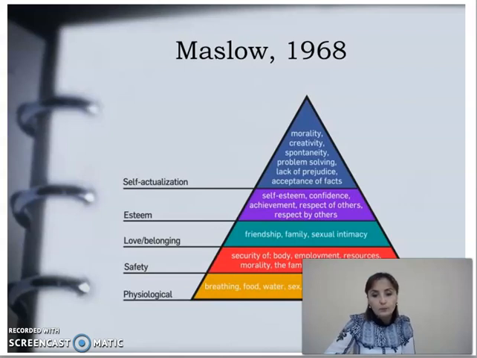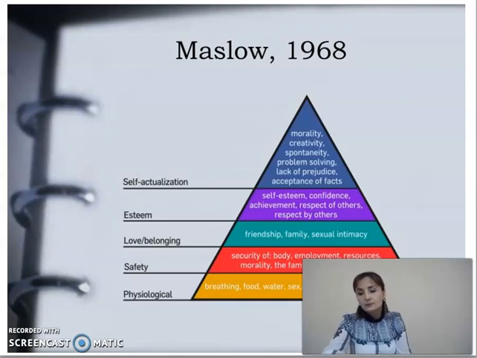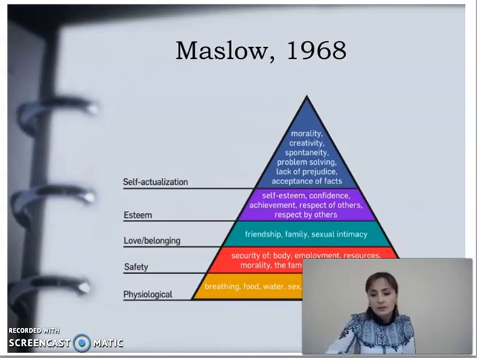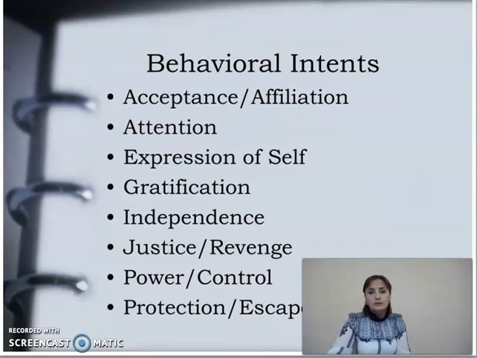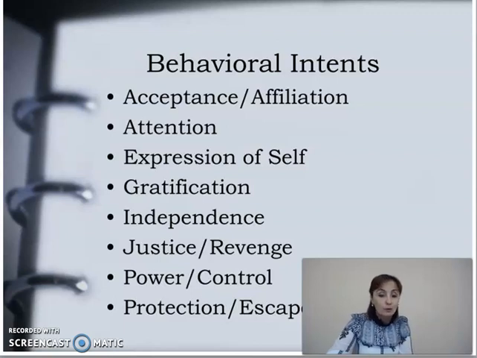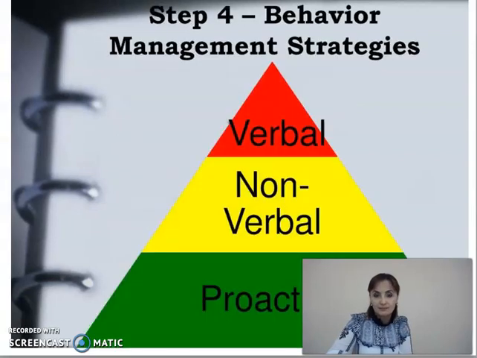Physiological needs: breathing, food, water, sleep, and excretion. Behavioral intents: acceptance, affiliation, attention, expression of self, gratification, independence, justice, revenge, power, control, protection, escape, and avoidance.